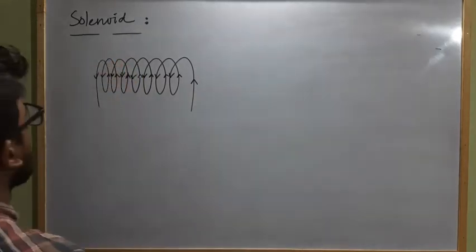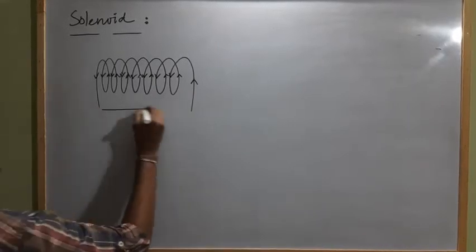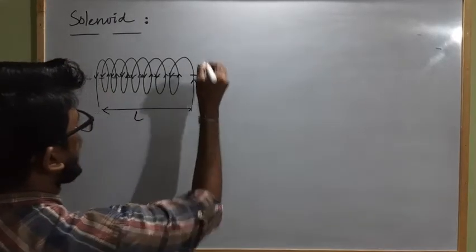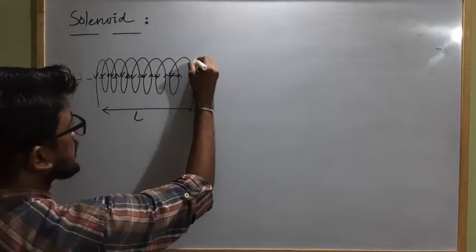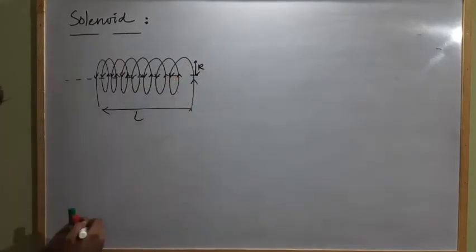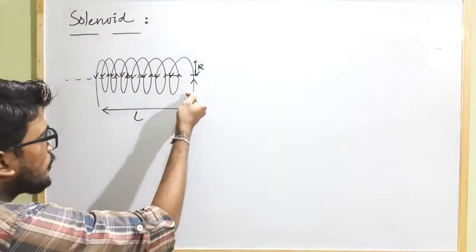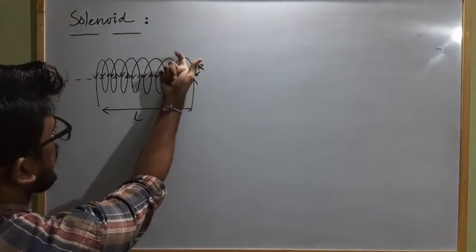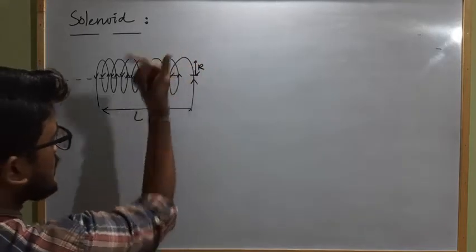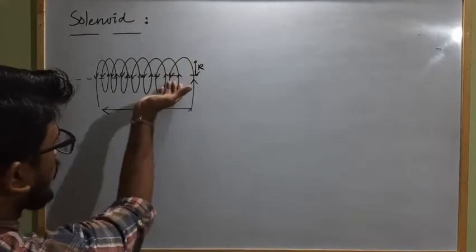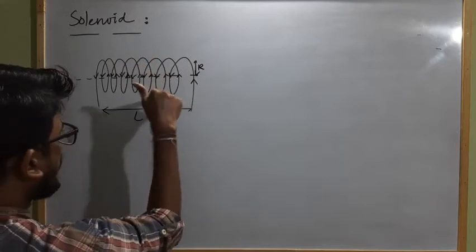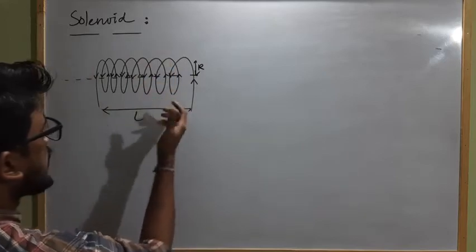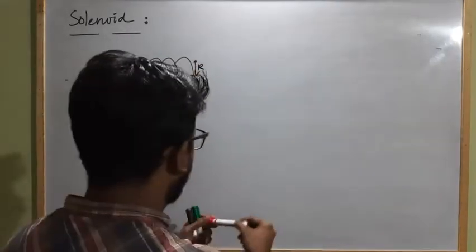Okay, so this is the solenoid, current flowing like this, its length is L and its radius from the center will be R. Clear? If I cut this solenoid like this longitudinally, for this coil the current flows like this and comes like this. At this end the coil comes outside, and at this end the coil goes inside, because this is the direction. So if I cut like this, the segment will look like this.